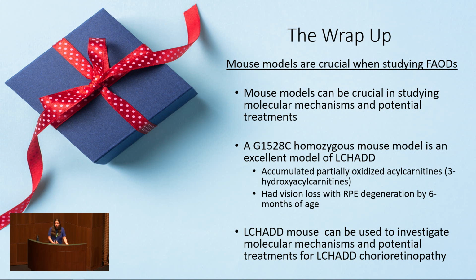Specifically, maybe hydroxyacylcarnitines and vision are related and correlated. And also we were able to test gene addition as a potential treatment for the chorioretinopathy. So this mouse model is a really big step in furthering research into LCHADD chorioretinopathy and finding a potential treatment.